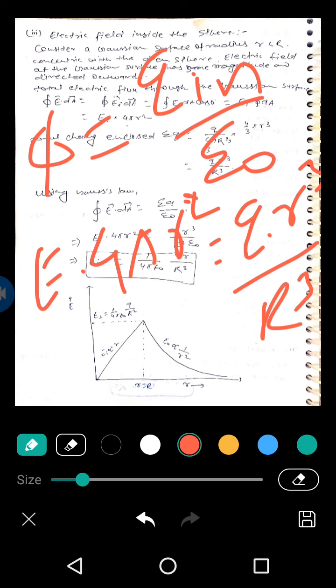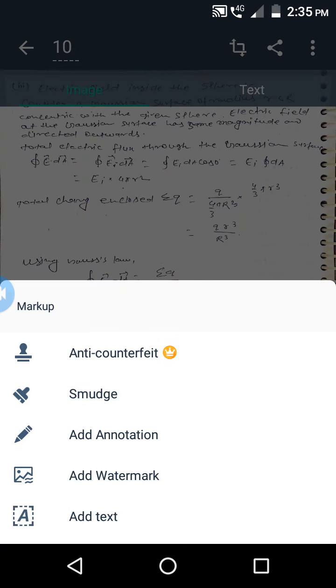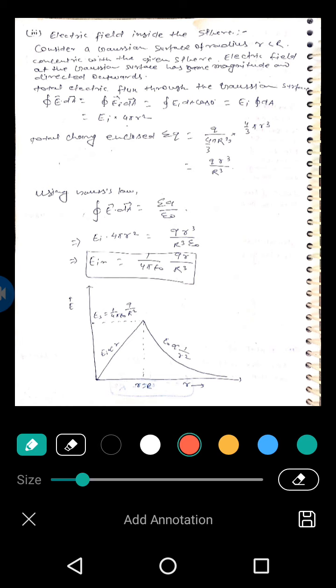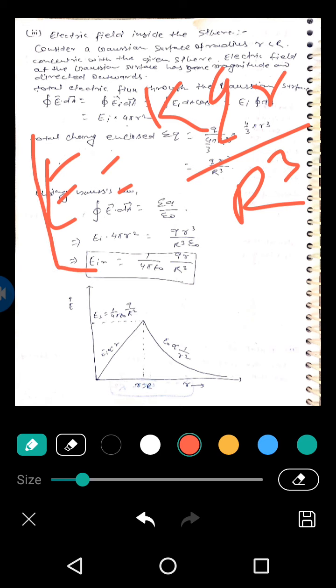That comes out to be E equals KQ small r upon capital R cube. This is the electric field inside the non-conducting uniformly charged solid sphere.